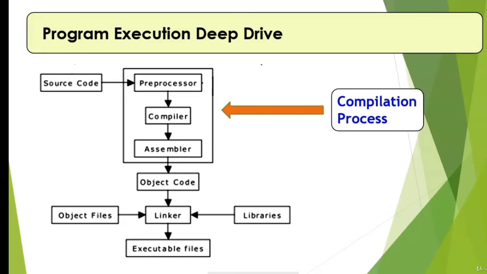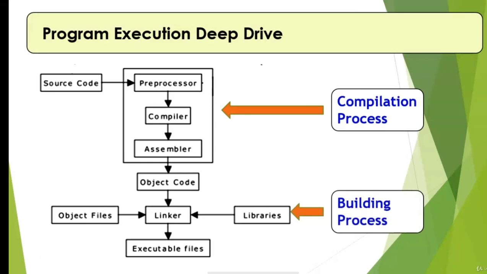After the compiler, the assembler converts the C language instructions into assembly level instructions. At the end of the compilation process, object code is generated and passed to the linker. The linker takes the help of libraries and object files to generate the executable file, and finally this executable file is executed on the computer.